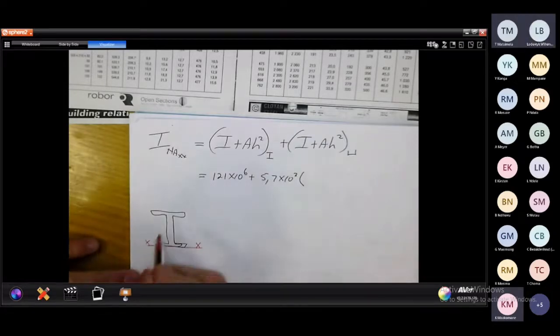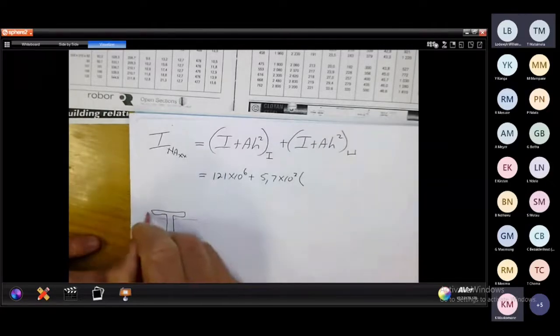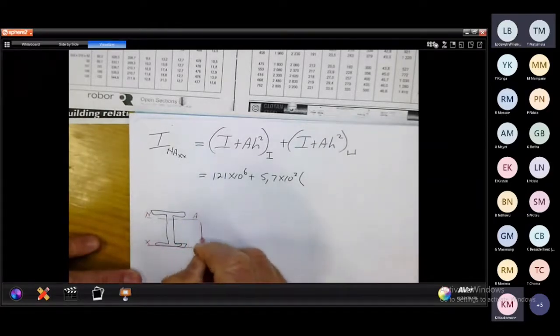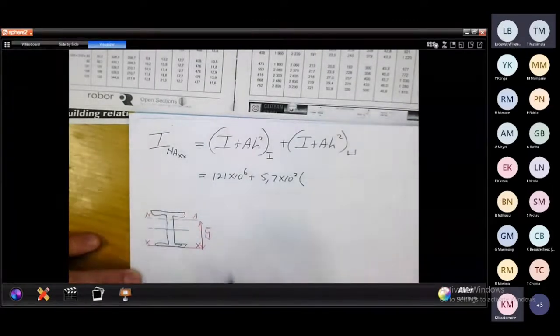Right, and somewhere here is my neutral. That is my ȳ. And we know a centroid is here for that one. That means we're looking for that, my h for my I section.